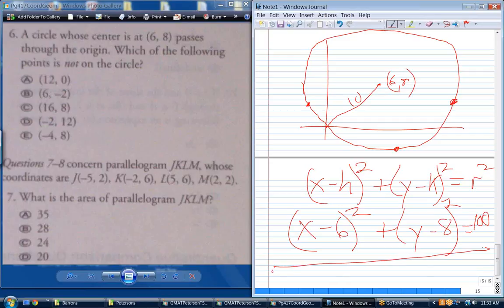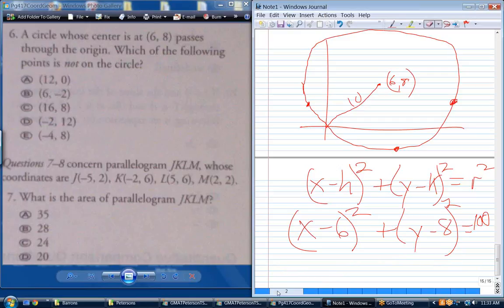And if we wanted to see whether a point is on the circle, we just plug it in. In other words, just plug in 12 for x and 0 for y, and does this work? And yes, it does. We plug in 12, we get 36 plus 64 does equal 100. And we would just plug in each point until it does not agree with that equation. And that would be the pure mathematical way to do it.